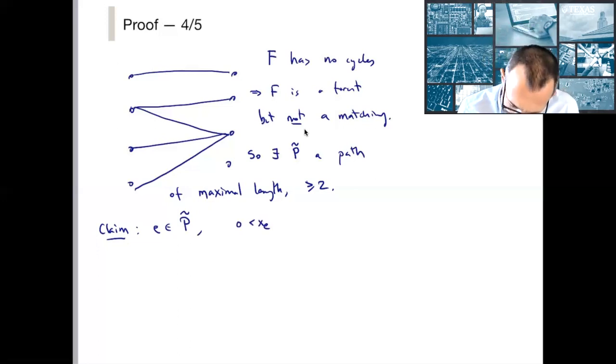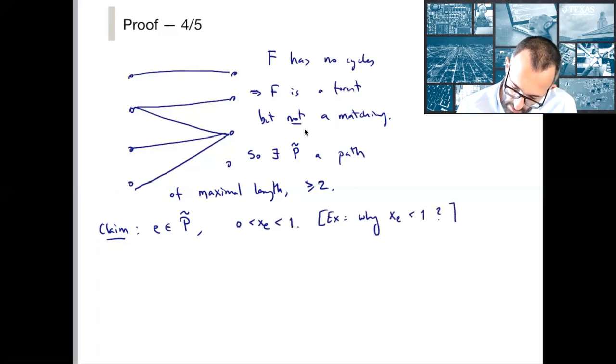But now I'm also claiming that it is strictly less than 1. So I'll just leave this as an exercise. Why do we have to have x_e less than 1 in this case?